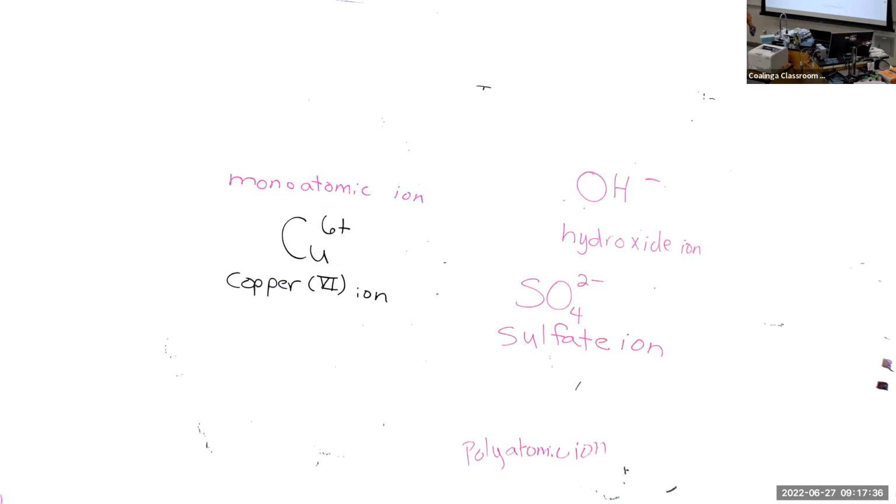Everybody sees it? These are the common polyatomic ions that you should know like the back of your hands. You might not have to memorize it, but by the time we finish, you should know them. It's like the periodic table: you know that O is for oxygen, not osmium, because osmium is Os. You should know that.